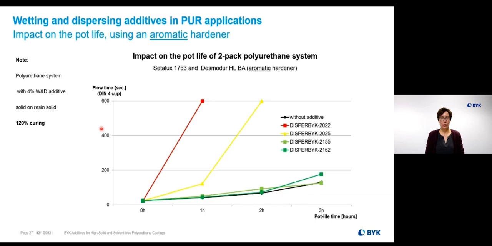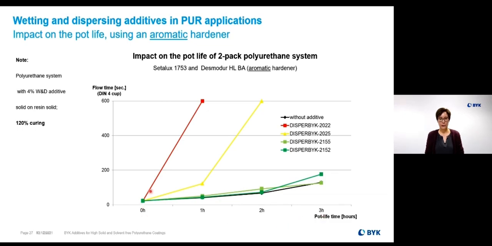When we go now to an aromatic hardener, which is already more reactive than an aliphatic one, we can see clearly that with free amine or higher amine value, the pot life can be influenced. And that is what we see here. We have again the same diagram, the flow time and the pot life time in hours, 0 to 3 hours.